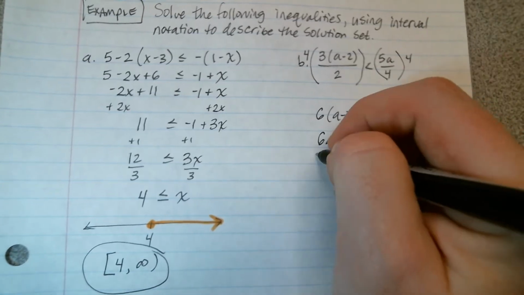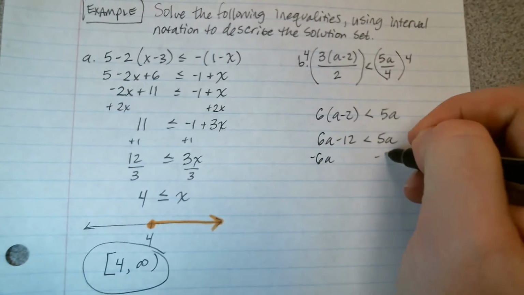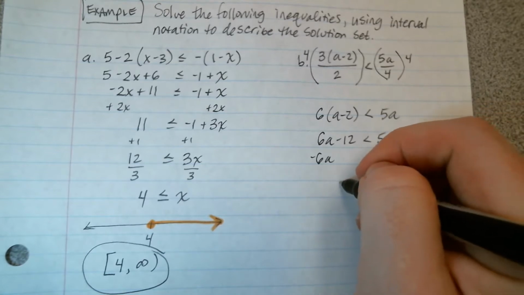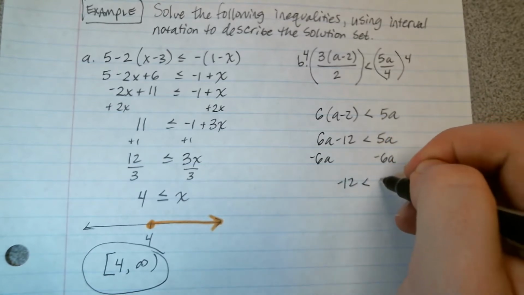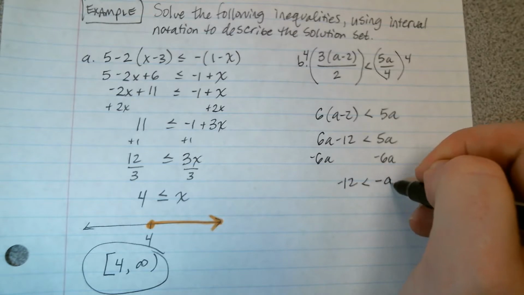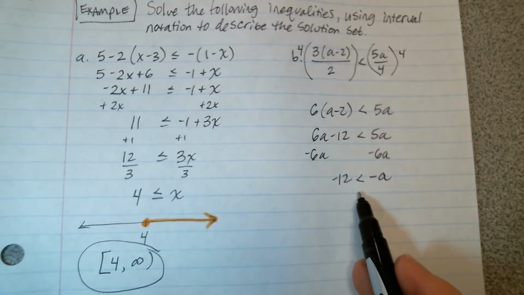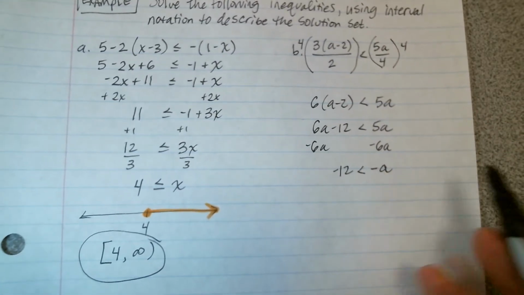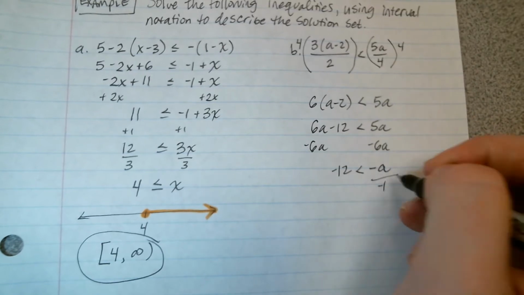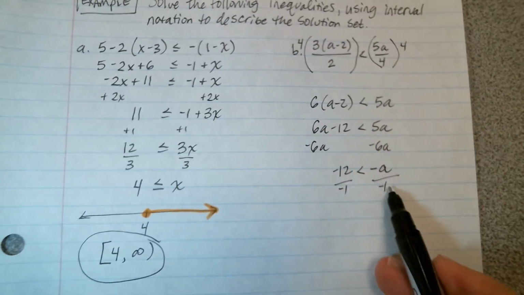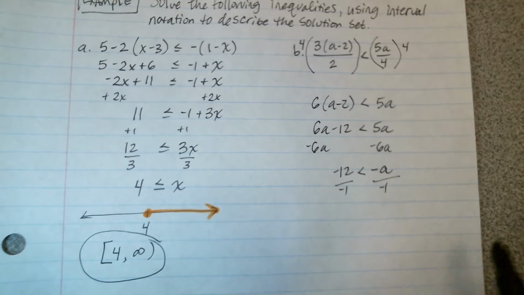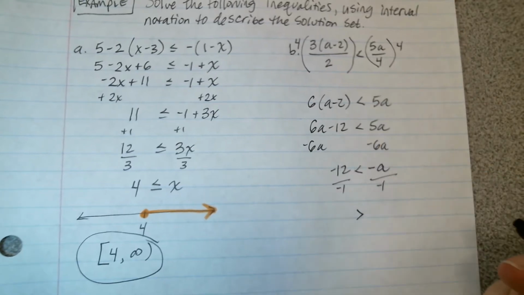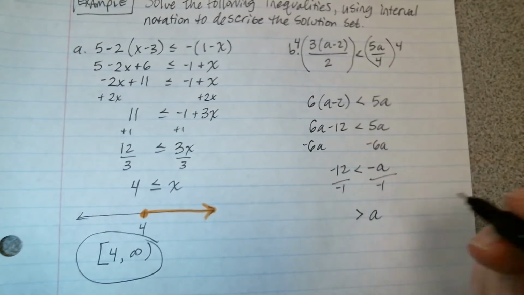So I think what I'll do is subtract 6a from both sides. And subtracting does not change the direction, but I see here I have a negative a, so what I'm going to do is divide both sides by -1, and since I am dividing by a negative value, it will switch the direction of my inequality.